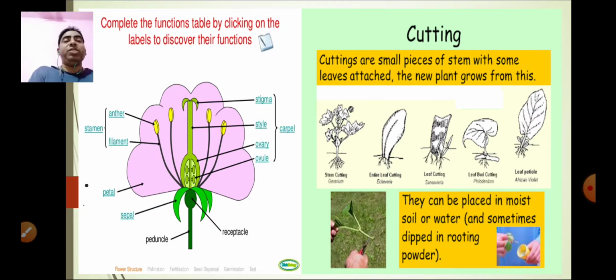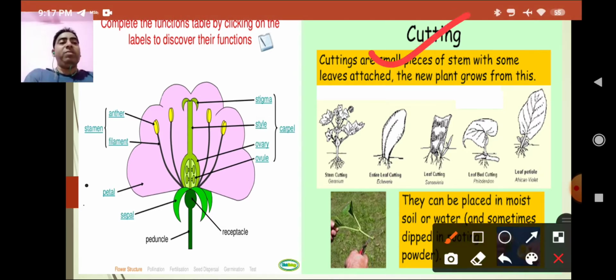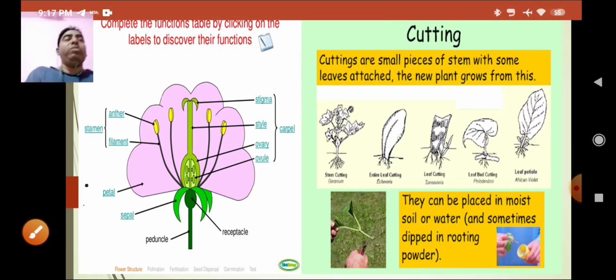We don't have to go into details, but in the artificial method of vegetative propagation, we have to study cutting. Others are layering, grafting, and tissue culture, but we will see only cutting.